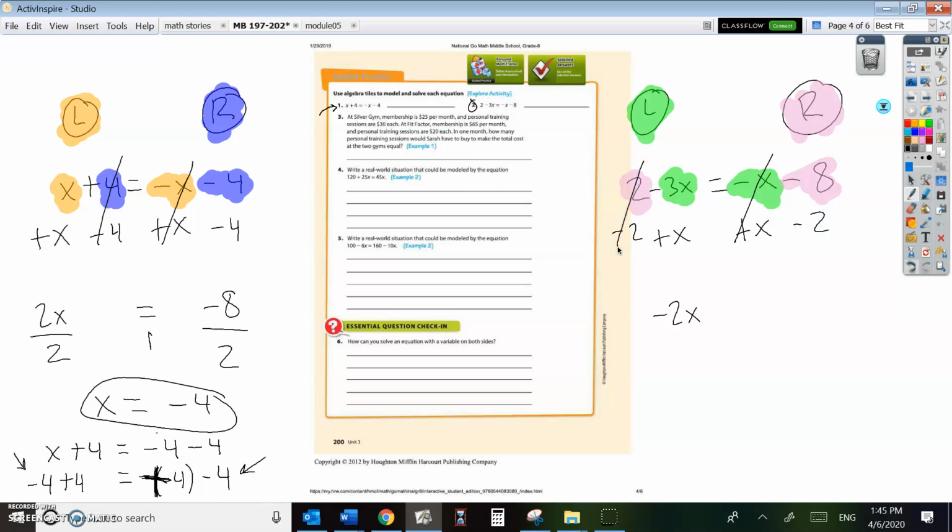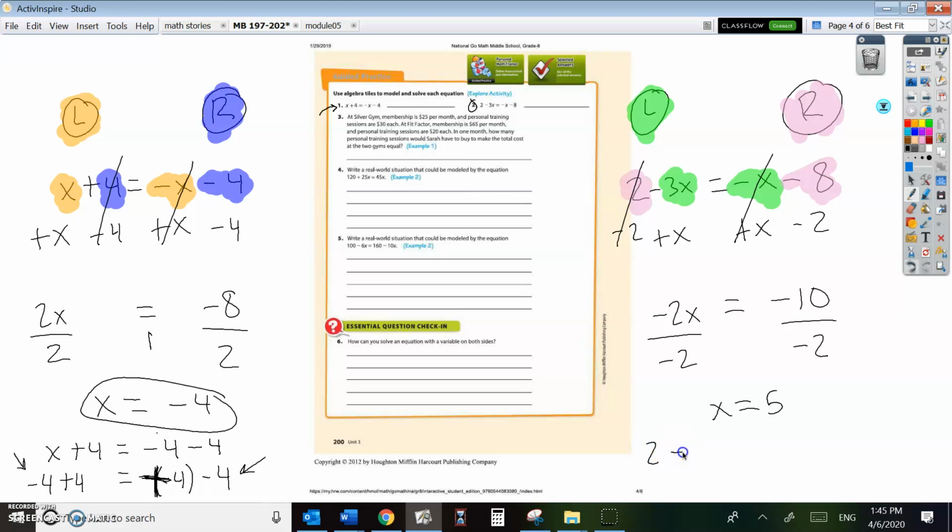These cancel. Bring your equal sign straight down, and that equals negative 10. This right here, this is negative 2 times x. So we need to get rid of negative 2 times, so we'll divide by negative 2 on both sides, and x equals 5. Now substitute 5 into the original equation and see if your work makes sense.